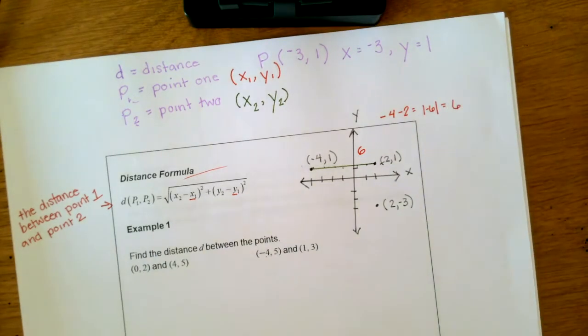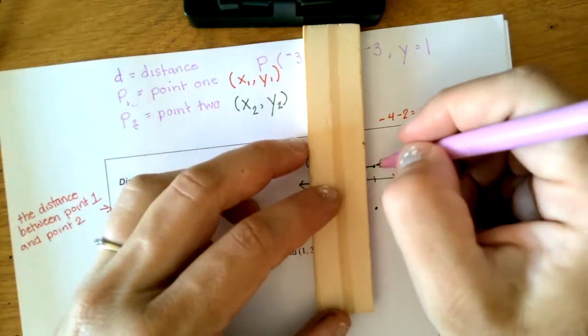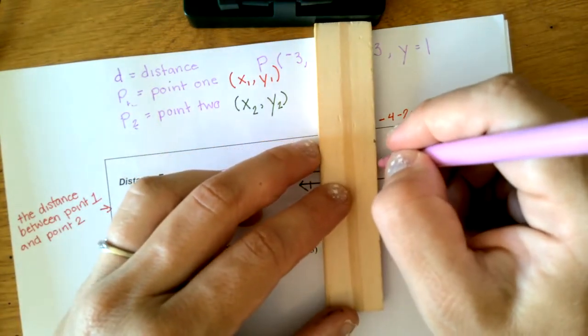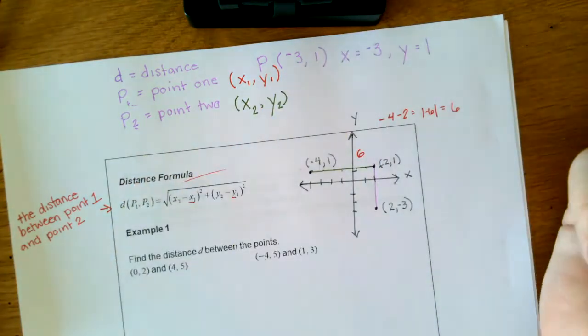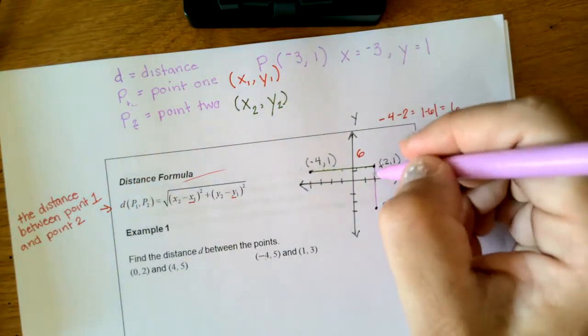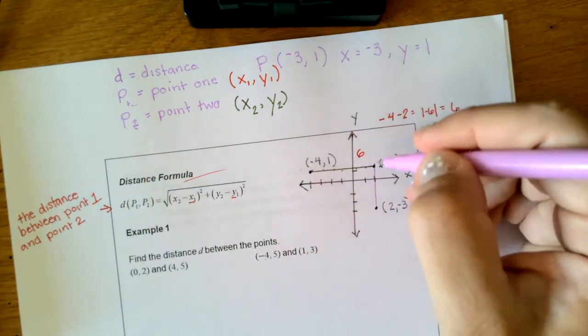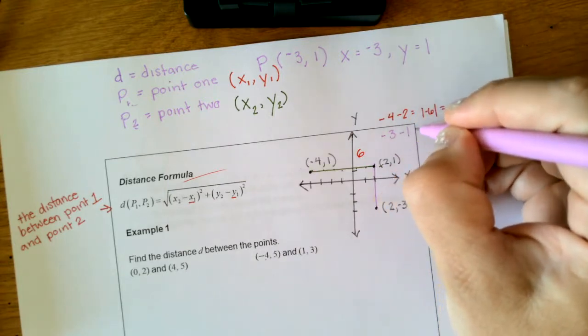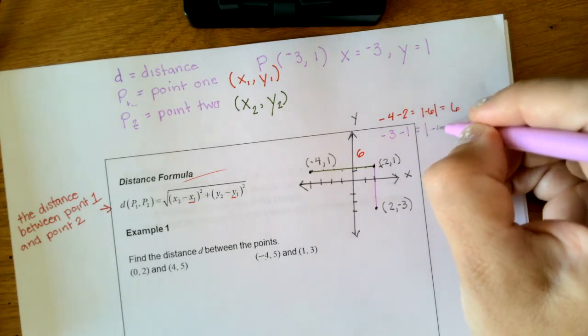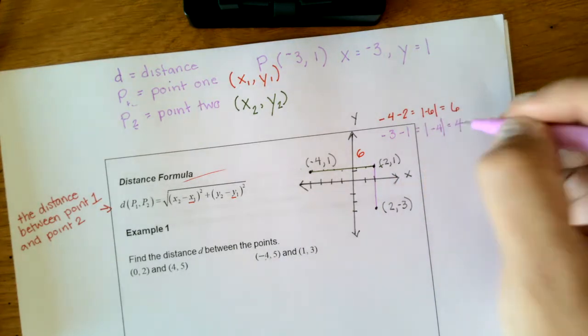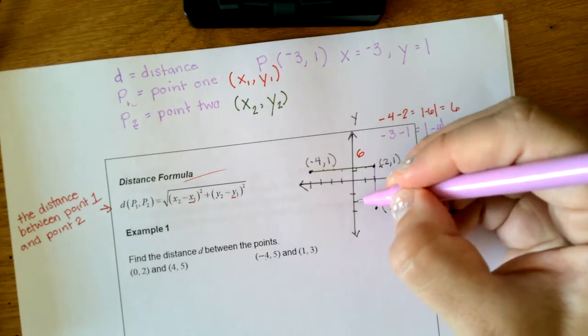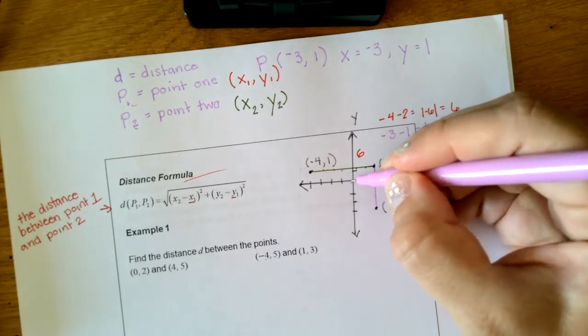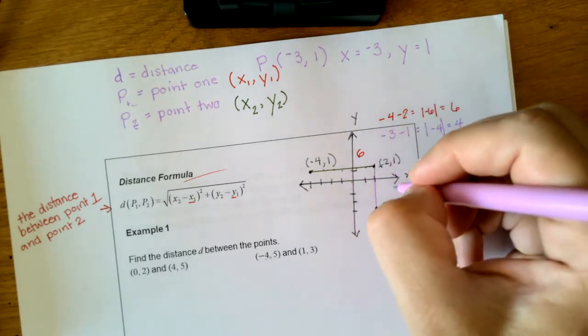Same over here. 2, 1 and 2, -3 have the same x value, so we know they're in a straight vertical line. So I can just count: -3 minus 1 is -4, the absolute value of which is 4, or 1, 2, 3, 4. Counted up 4.